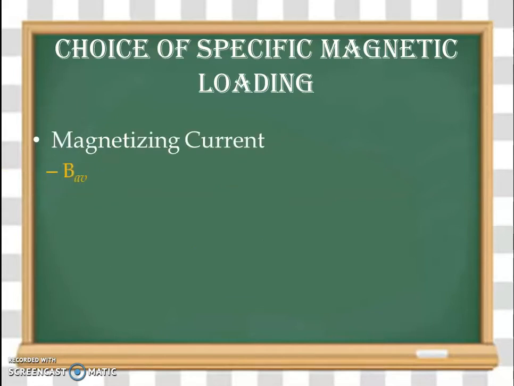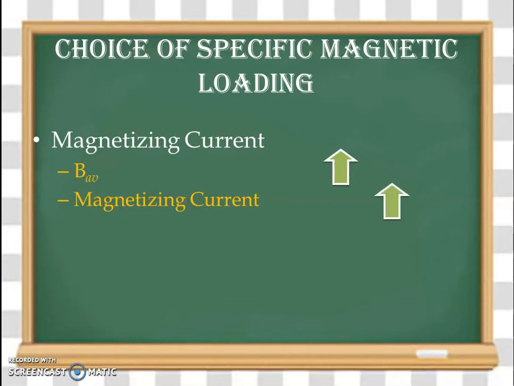Then magnetizing current. Again, if we design with a higher specific magnetic loading, then we require more magnetomotive force to pass the flux through the air gap, and obviously magnetizing current will be more.